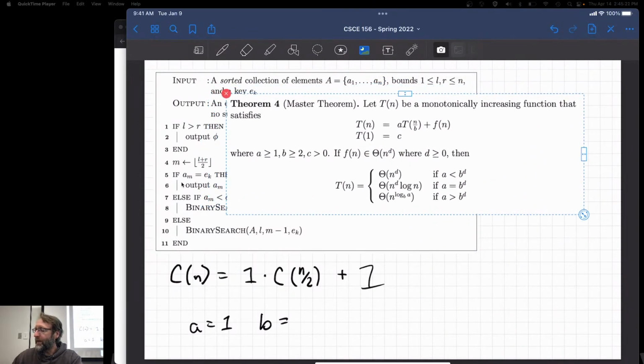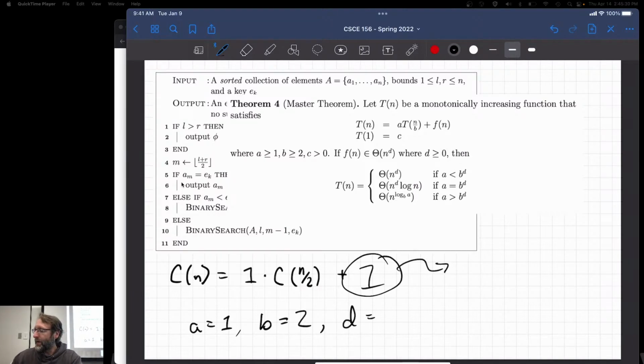What is my b? 2. And what is my d? Well, it's this function right here. This is order what? It's certainly order n, and that's just as true. But what's more true? A constant is going to be order 1. You can write it like that. It's just a constant.